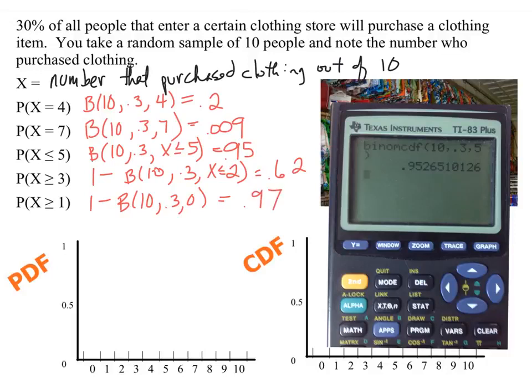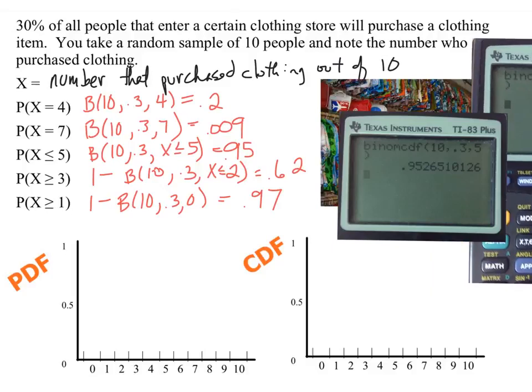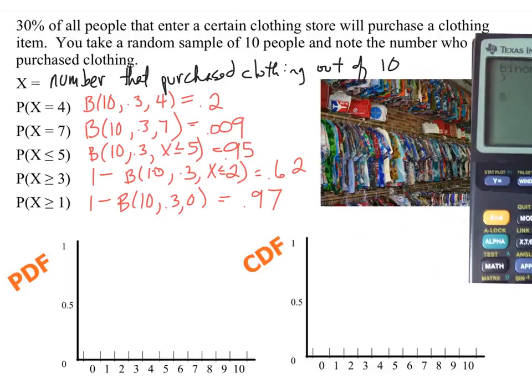All right. To finish this up, I just wanted to talk about these two kinds of distributions. I'm going to move these things out of the way. A PDF distribution, meaning the individual probabilities. If I made a histogram, what would the shape look like? Well, we already said the most probable outcome is 3.